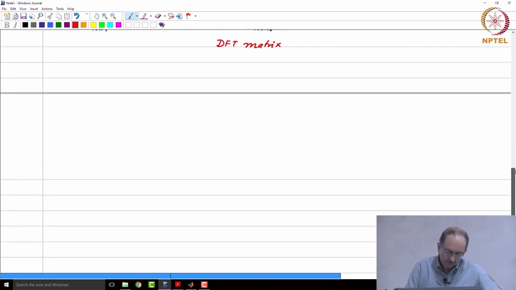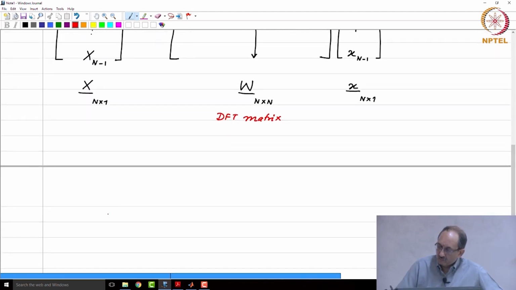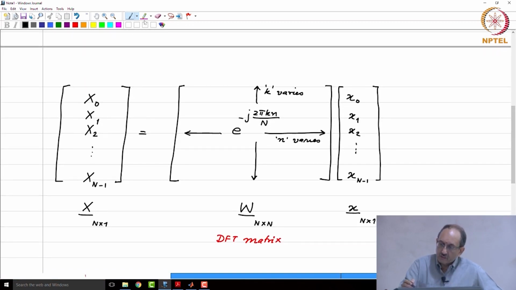because you can denote e to the minus j 2 pi by N as W. This is the notation that is used in this context, and e to the minus j 2 pi by cap N is called W, and hence these elements are nothing but powers of little w, because if you let e to the minus j 2 pi by cap N be little w, this is nothing but w power k n.